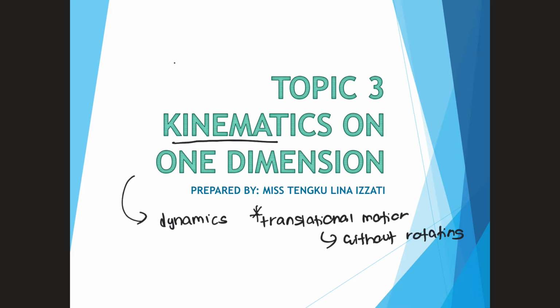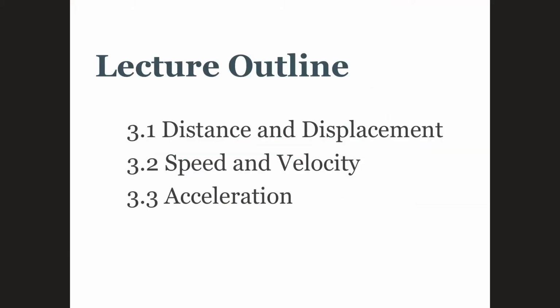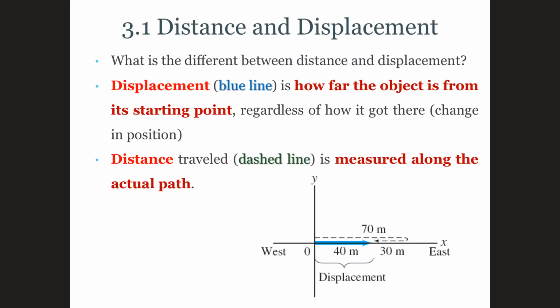Let's proceed. Before we go further with the calculations, definitely you need to have a good understanding of what is distance and what is displacement. We are going to start with that first. Based on your understanding before, distance is a scalar and displacement is a vector.